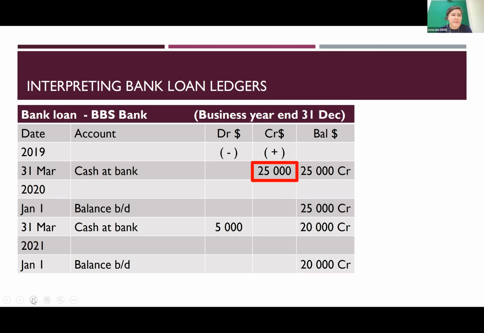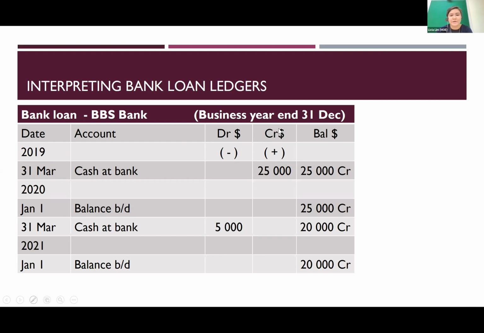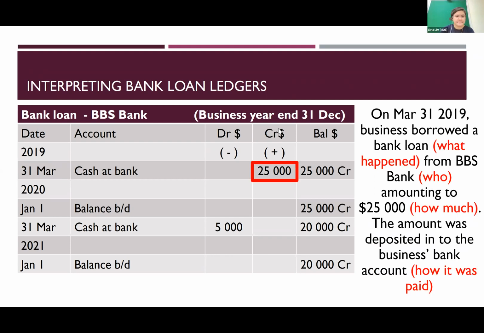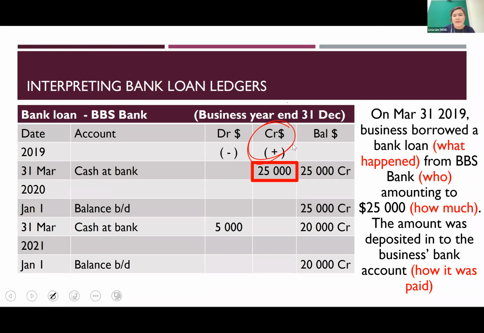This 31st of May 2019. What has happened here? You see that on this date, the business borrowed a bank loan because it's under the plus column. All right, and borrowed a bank loan of $25,000.